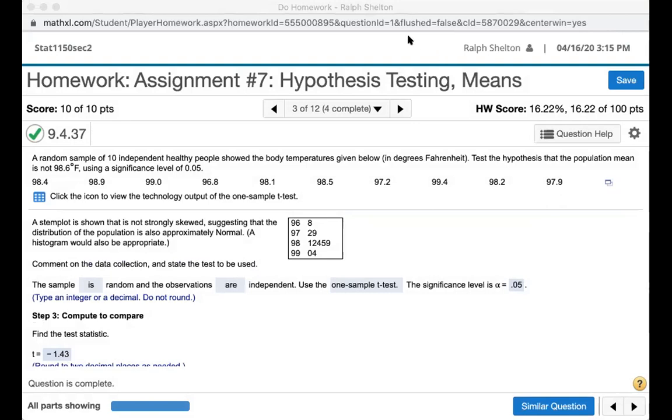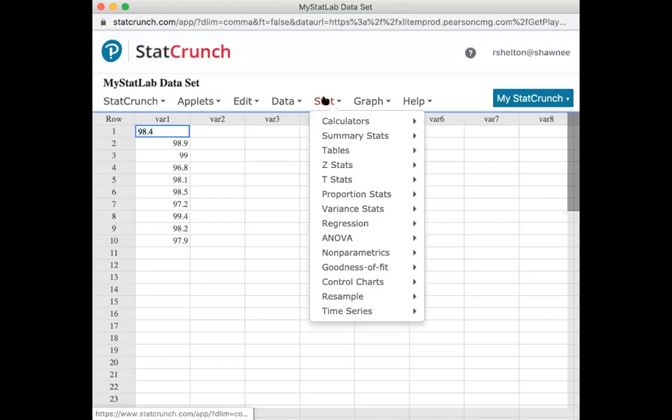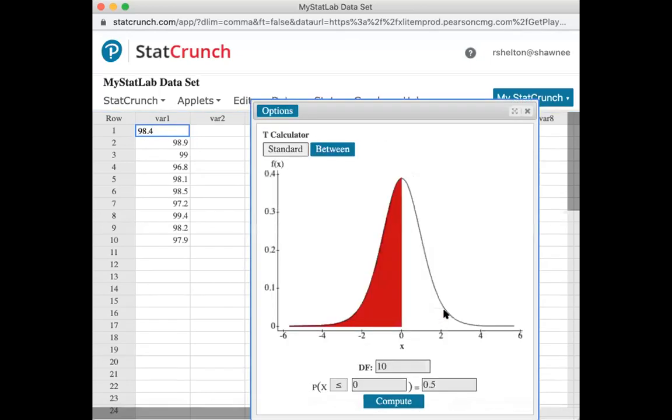Okay, now I want to share, so I have to stop share, pick StatCrunch, reshare. Should be able to see it. We go Stat, Calculators. We're going to use a T. So this is T distributions here, this calculator, okay? T distribution. And this was a two-tailed test.